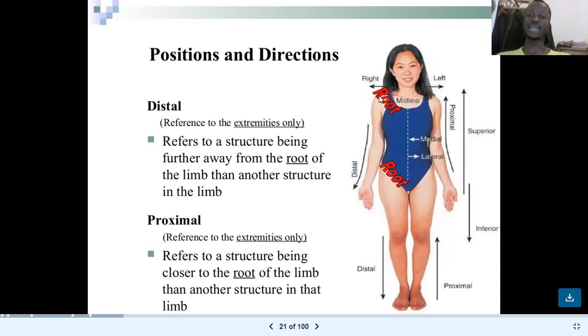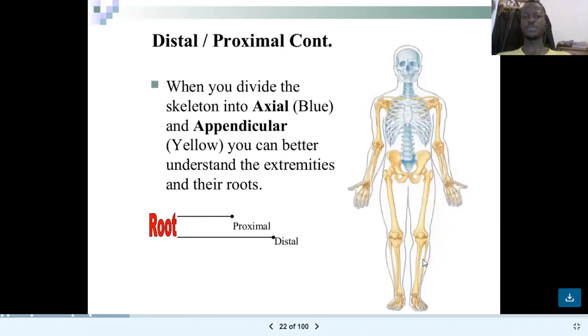For example, I gave the shoulder joint as a reference point. Structures closer to the shoulder joint in this case will be proximal. Those going further away from the shoulder joint are distal. The same can be said for the hip joints. Those going towards, they are proximal. Those moving further away are distal, right? Then that's your proximal distal.